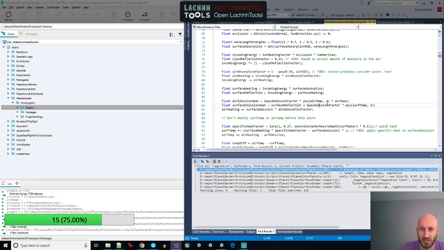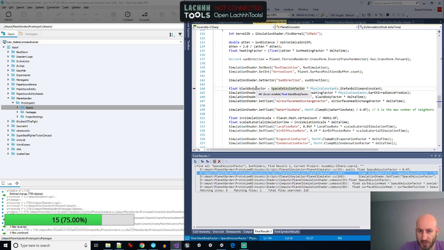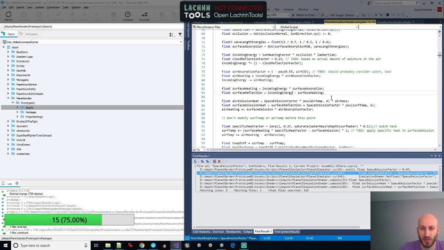So here we go. You can see I've got that 4th power here, and this looks the same, but what I did was this is in my compute shader running on the GPU, which is where the bulk of my simulation happens, because the graphics card actually has a lot more power to do computations than the CPU. It's just a little less flexible and harder to work with.